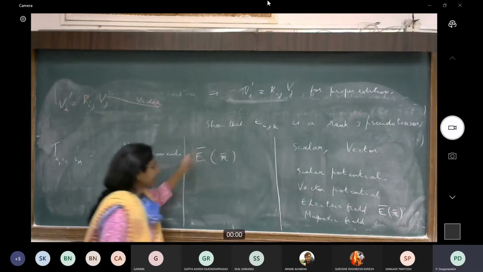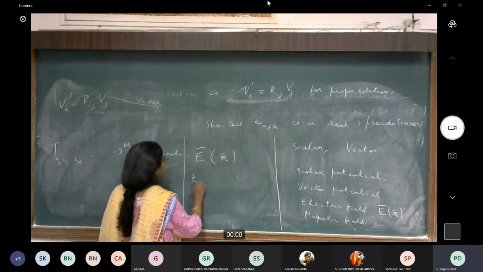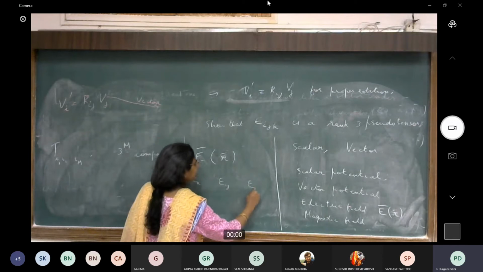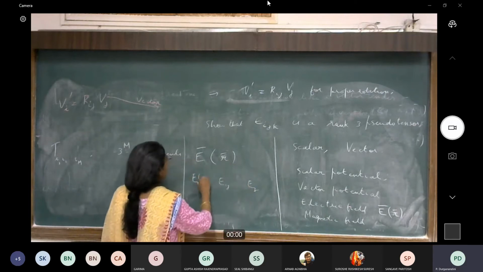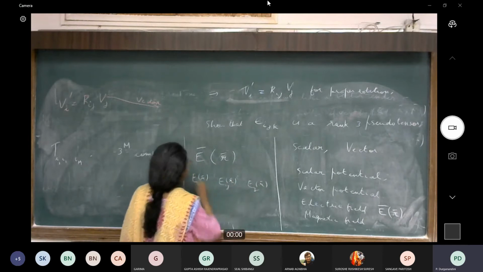So what does this E bar tell you? That it is a vector quantity, which means that I have an x component, a y component, and a z component. And then this part tells me that each of these components can depend upon where I am in my 3-dimensional space.